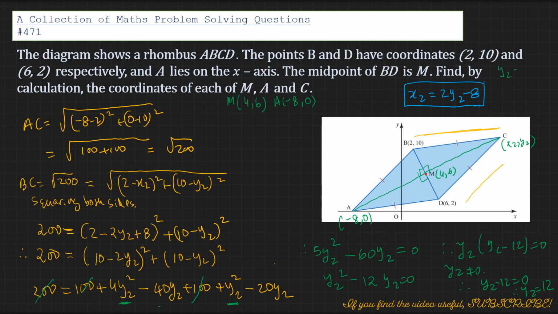So y2 equals 12, and then x2 would be 2 times 12, that's 24, minus 8, and that equals 16. So the coordinates of the point C are x2, that's 16, and y2, that's 12. So 16 and 12, that's all done.